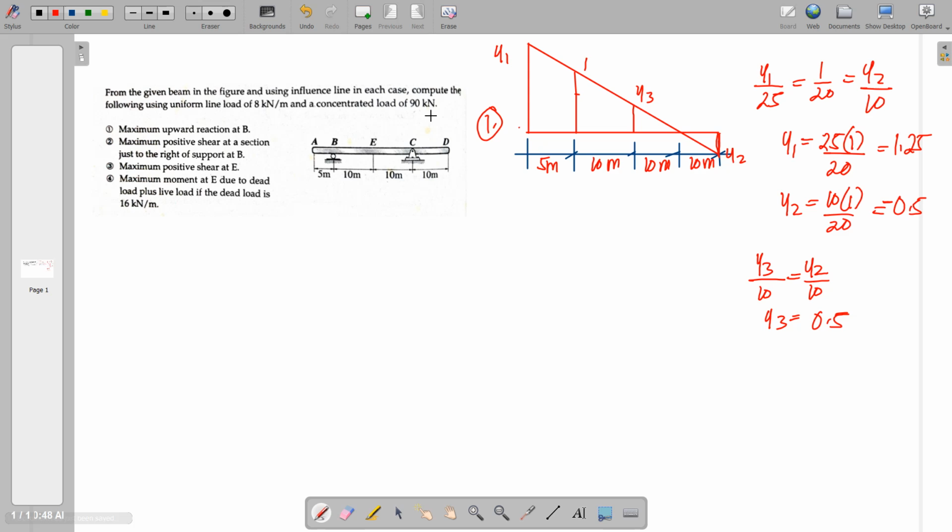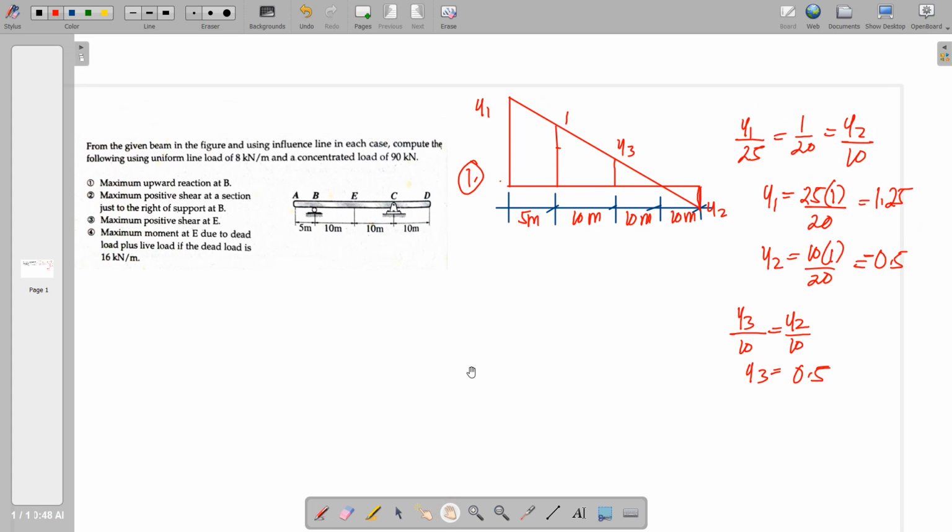So as for the maximum reaction at B, we will simply place our 90 kilonewton on the highest ordinate of this influence line diagram, and we also place the uniform live load along the positive area of this influence line diagram. Of course, in this particular problem, it does not mention that we need to consider the dead load on the first requirement.